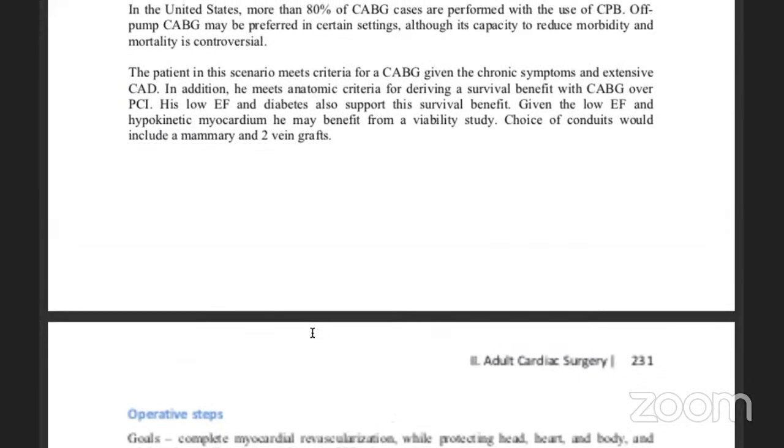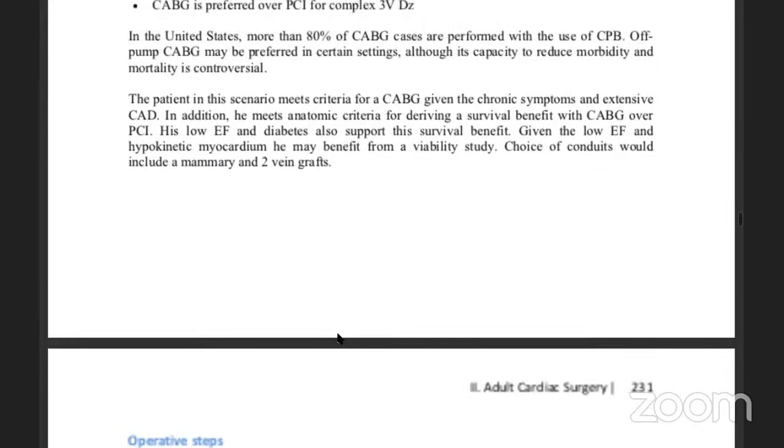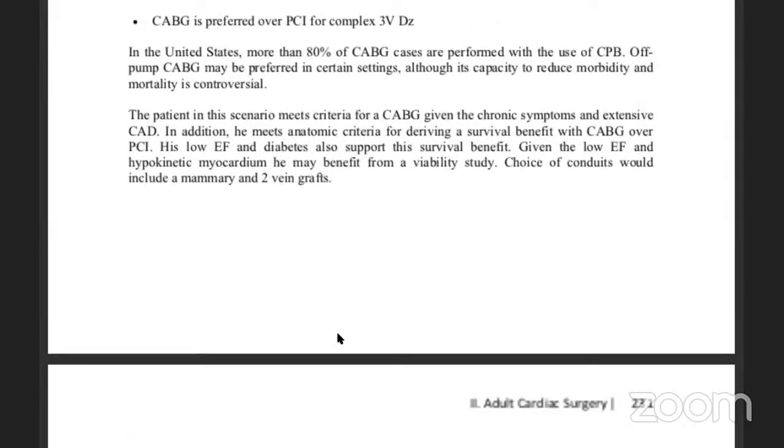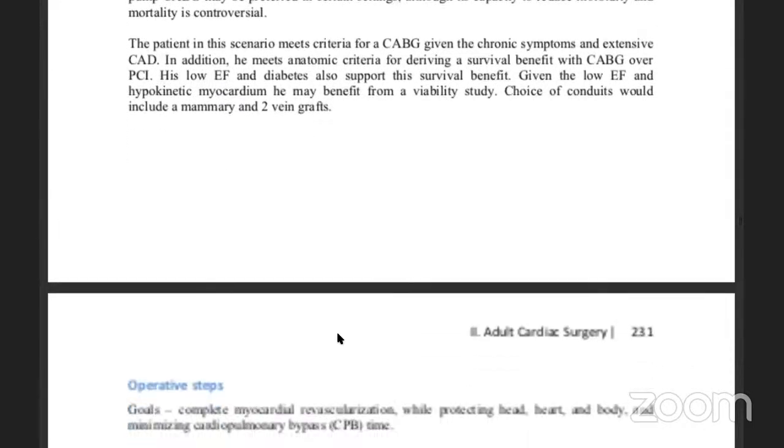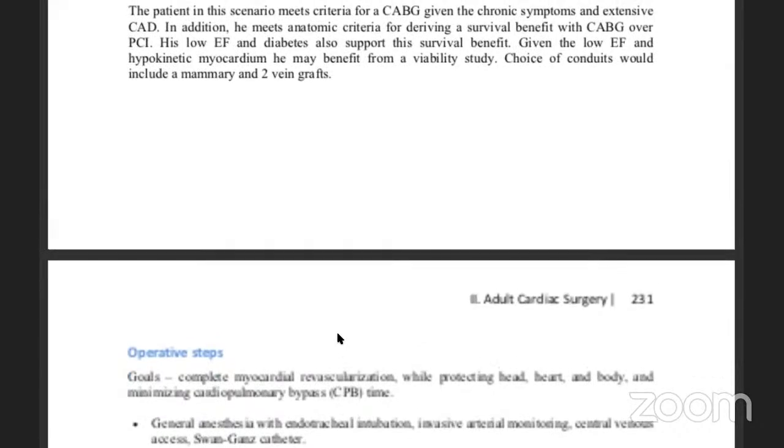Anybody wants to talk about the operative steps for the CABG? Or should I choose? It's always better if you choose.